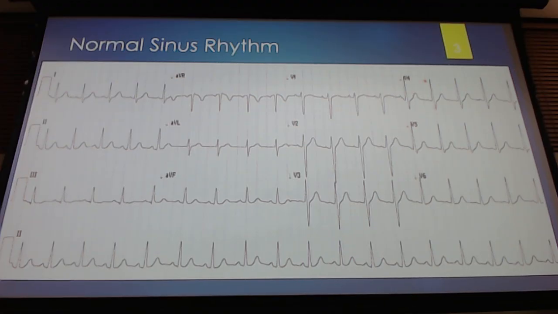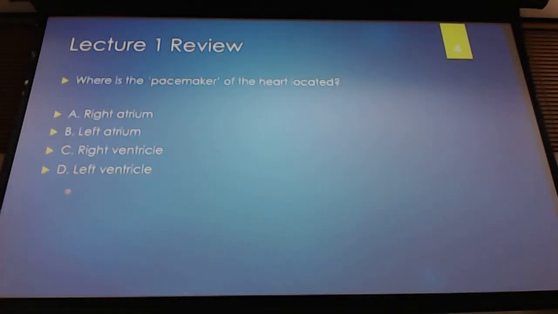V4, more prominent R wave than S. V5, we really don't have much of an S wave, and then V6, not much of an S wave. And that is a normal progression that we're going to see. There are things that are going to change that progression. Okay? If we have a change in axis, if we have hypertrophy, some of that will change that progression that we'll talk about in other lectures.